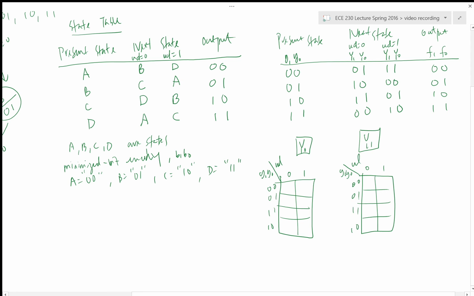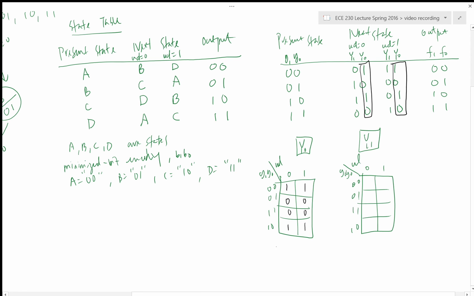Now for y0 we're going to take this and that: 1 0 1 0 1 0 1 0.